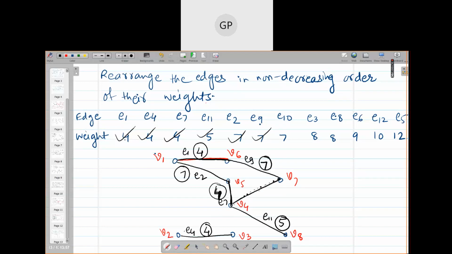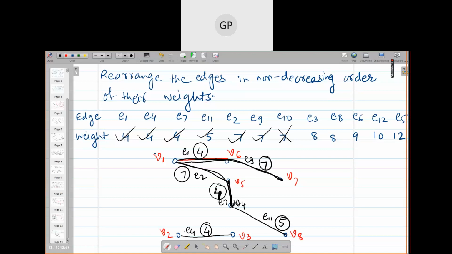It forms a circuit. Can you all see the circuit here? Will this circuit work in a tree? No, ma'am. So what do I have to do? I cannot consider this edge. So E10 I cannot consider. I have to go to the next.